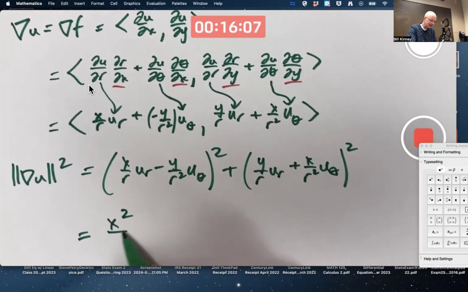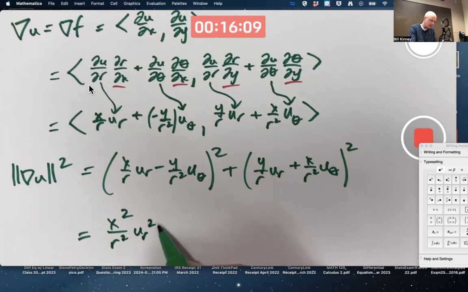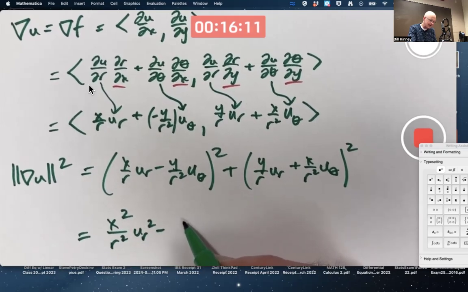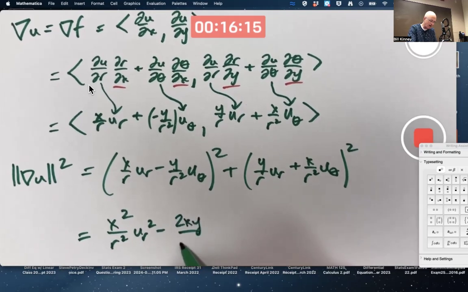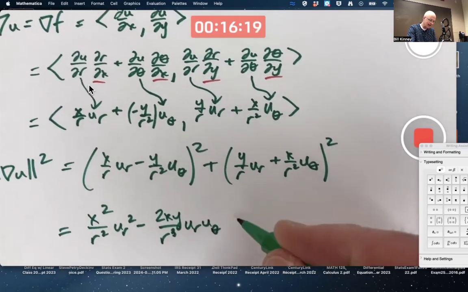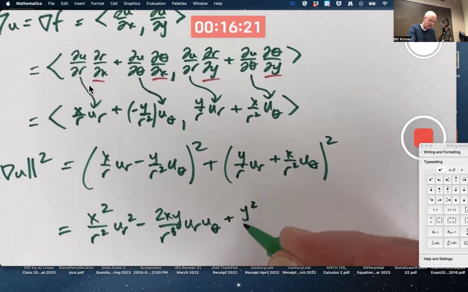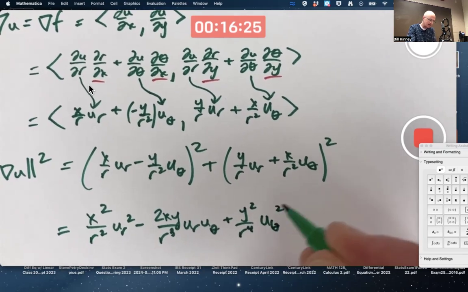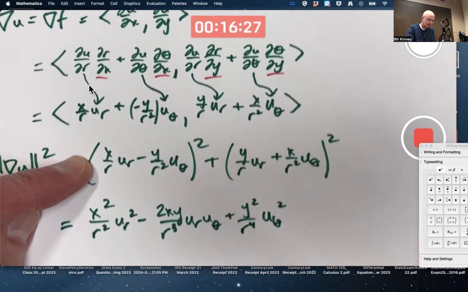If I square this, I get x squared over r squared, U sub r squared, minus, okay, the outside and inside products are going to give 2xy over r cubed, U sub r U sub theta. Last times last will be y squared over r to the fourth, U sub theta squared. I'm squaring just this thing so far.